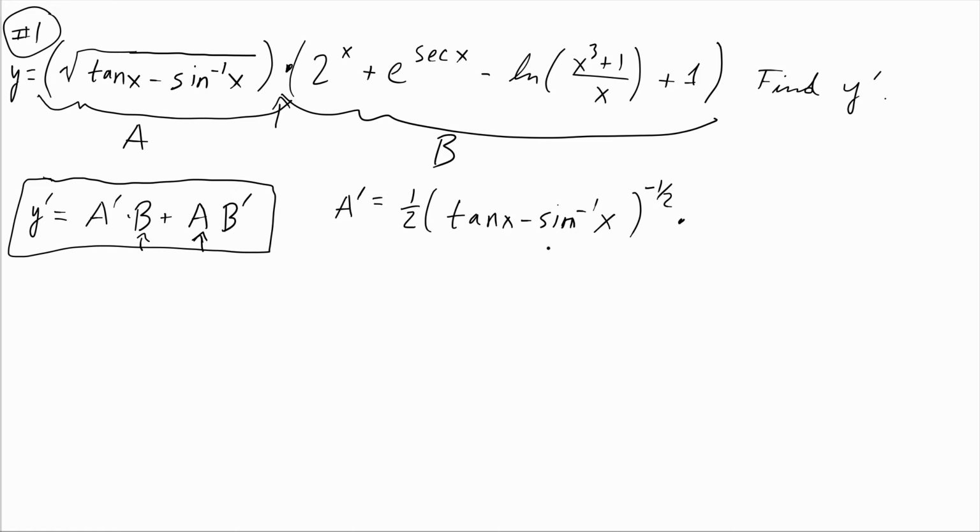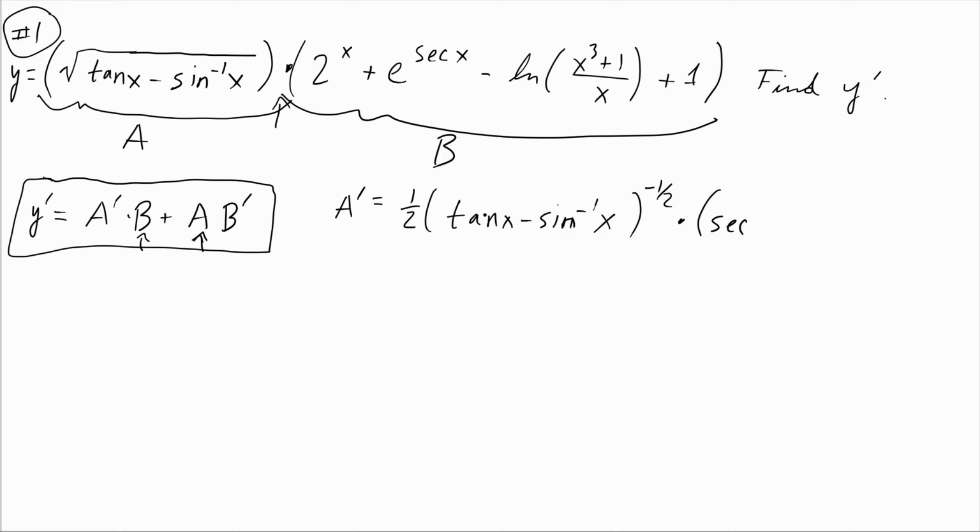Okay, the derivative of what's inside here, what's the derivative of tangent? That's secant squared. And this is just subtracted, so it's just going to be the derivative of this first part, subtract the derivative of that part, because across subtraction or addition, differentiation splits nicely, but it doesn't with products and quotients, so you have to be careful.